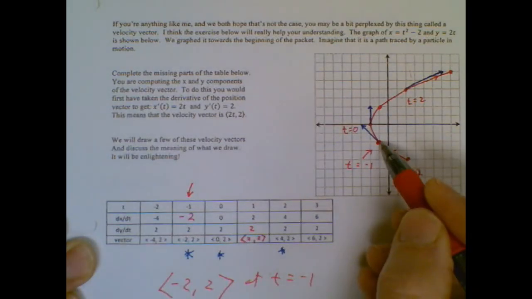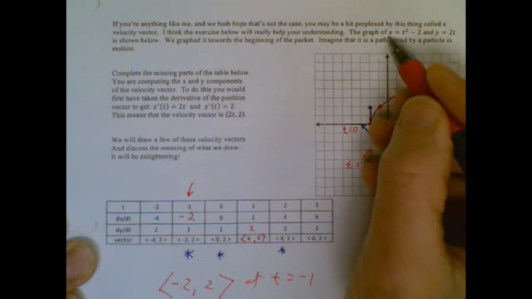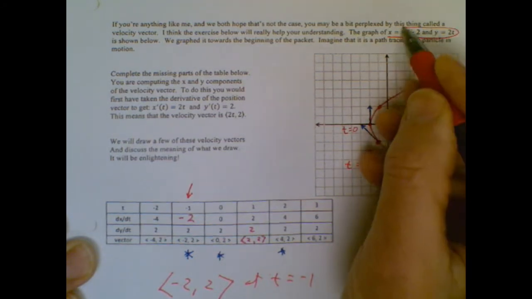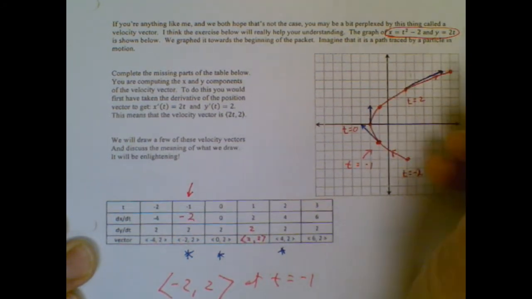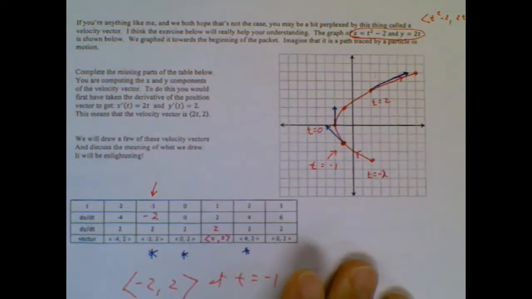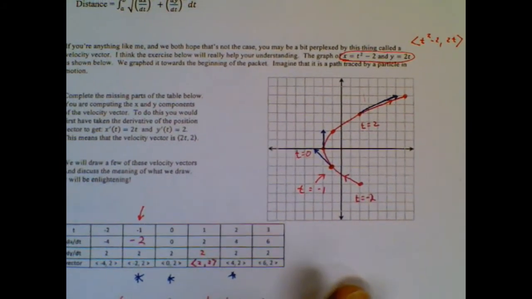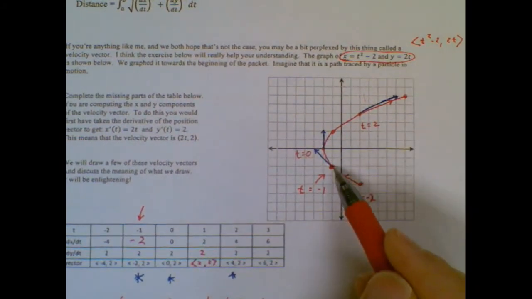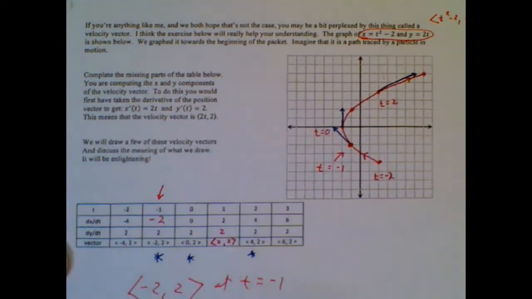If you're wondering how we know that that's the location at t equals -1, remember, as you read through here, you have a position function or a position vector, and that would be, oops, that's off on the side, sorry. That position vector tells me that that's my position.